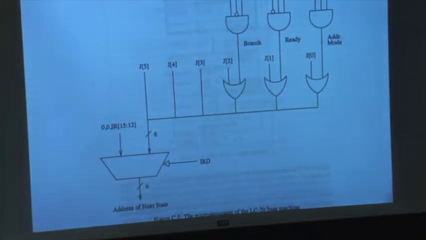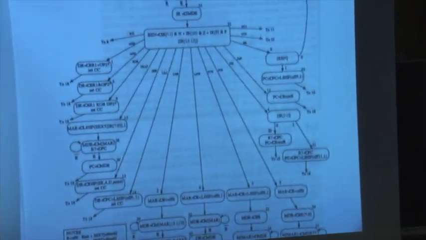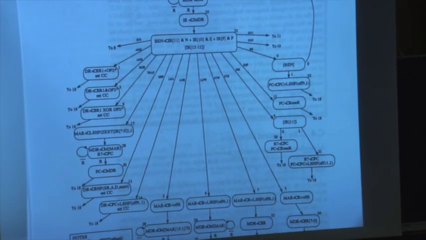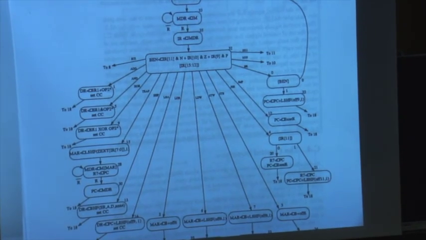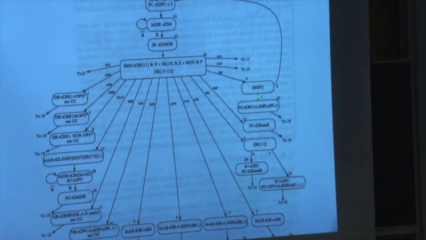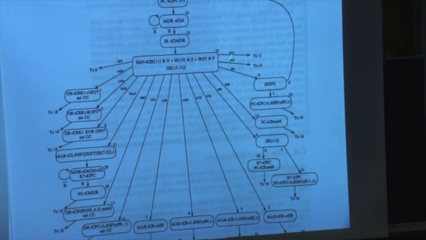And let's get back to the state machine now. There is a state in the state machine where the next state is very much dependent on the opcode. Do you see that? Yes. Which one? You can see it, but can you read it? That's state 32, right? In state 32, the next state can be many.